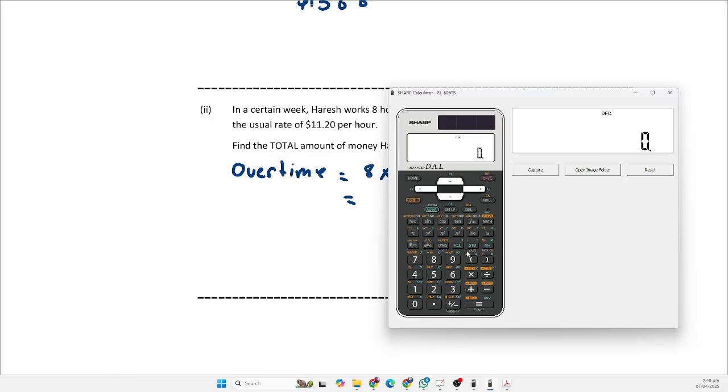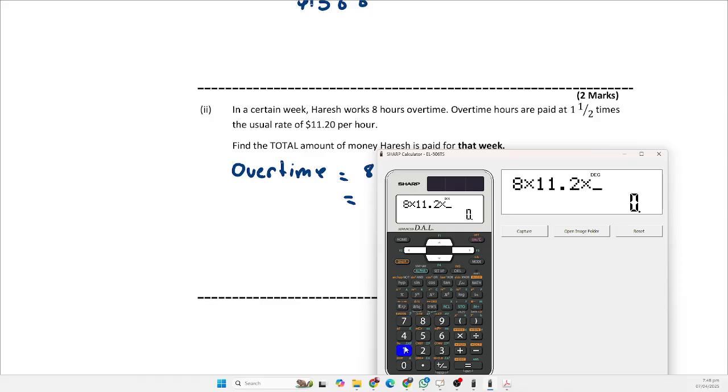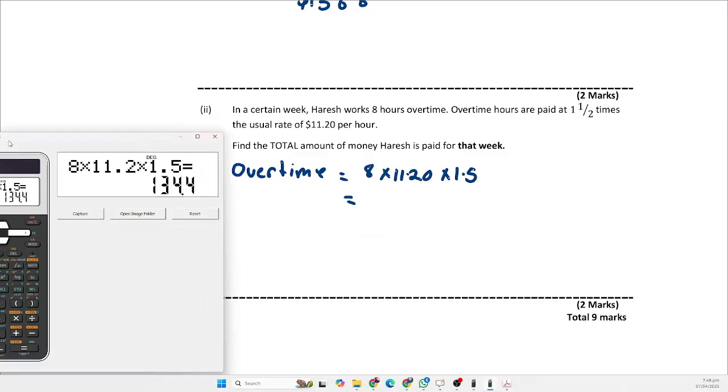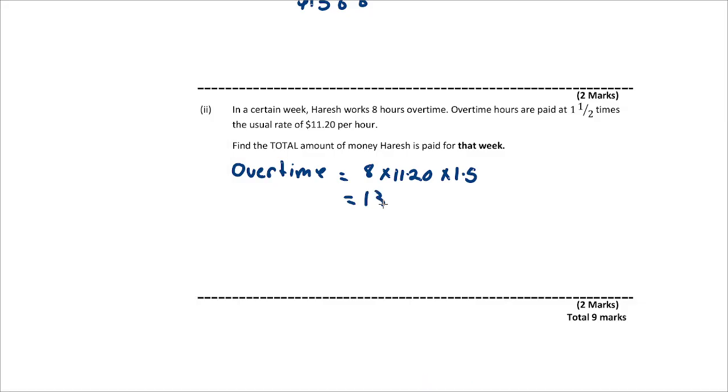Alright. 8 multiplied by 11.20 multiplied by 1.5 is equal to $134.40. Alright, and that is his overtime.